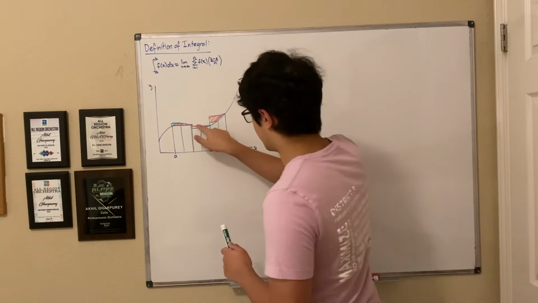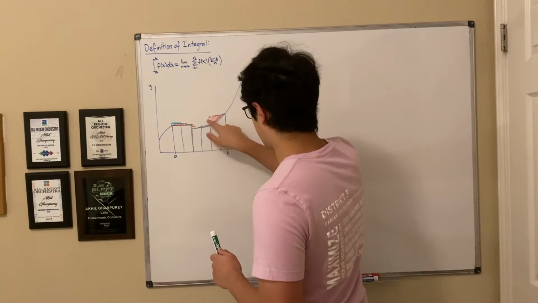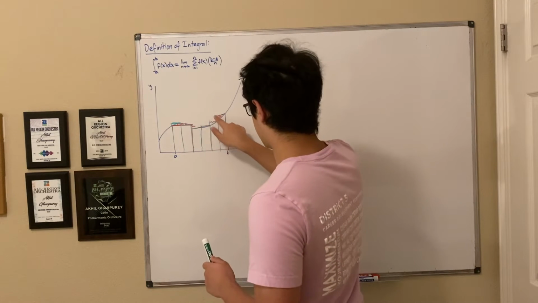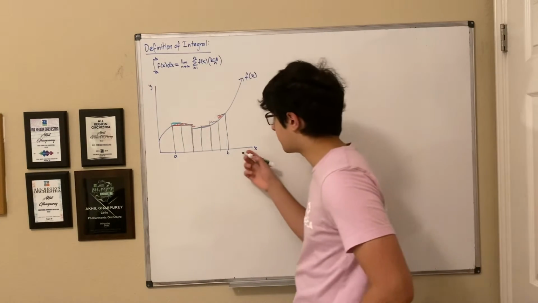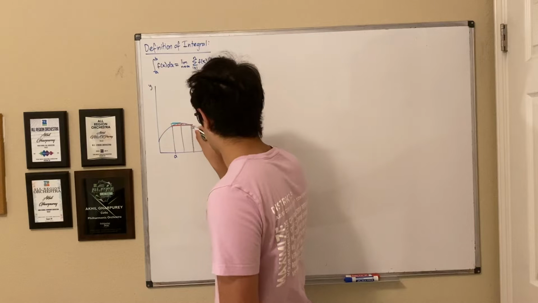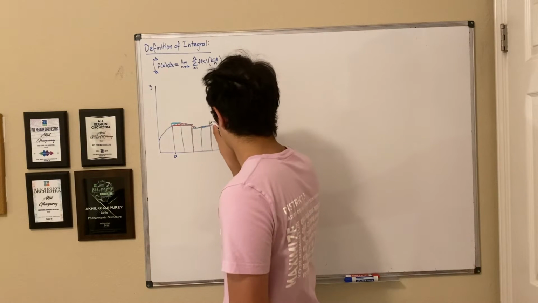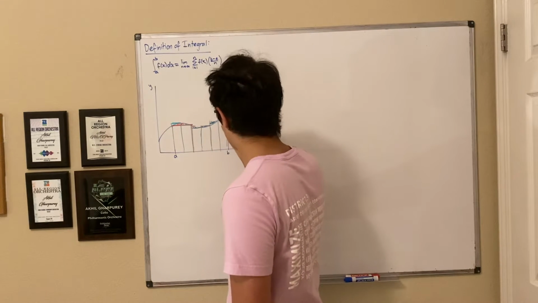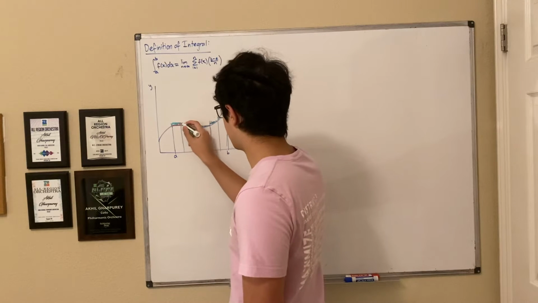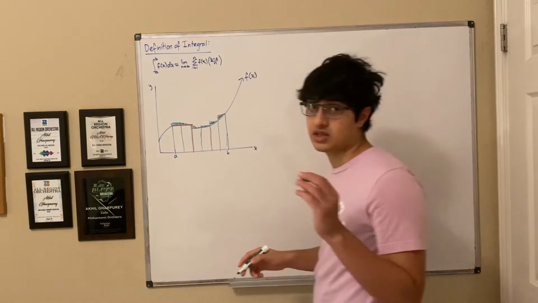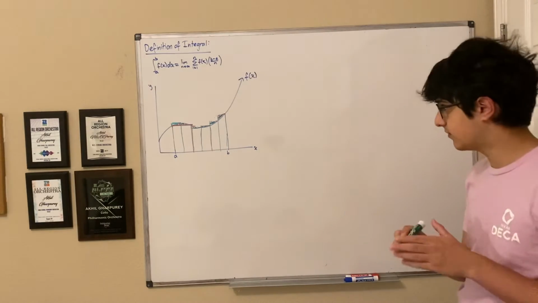This is a bit of a confusing drawing, but I'll get rid of some of the excess red stuff. But as you can see, if we try to mark in the excess and unaccounted for areas, you can see that it's a lot less than what it was before.